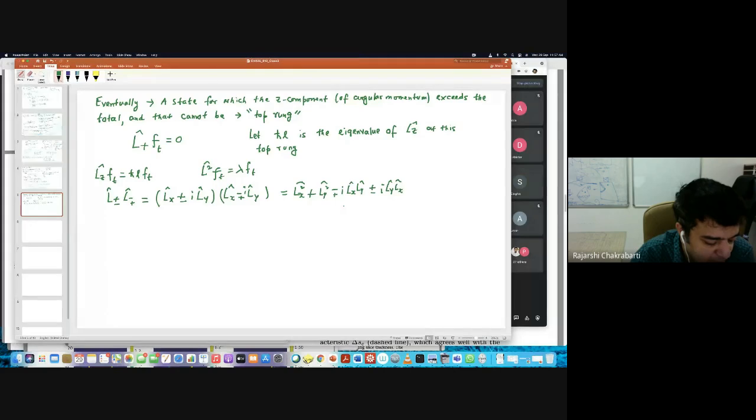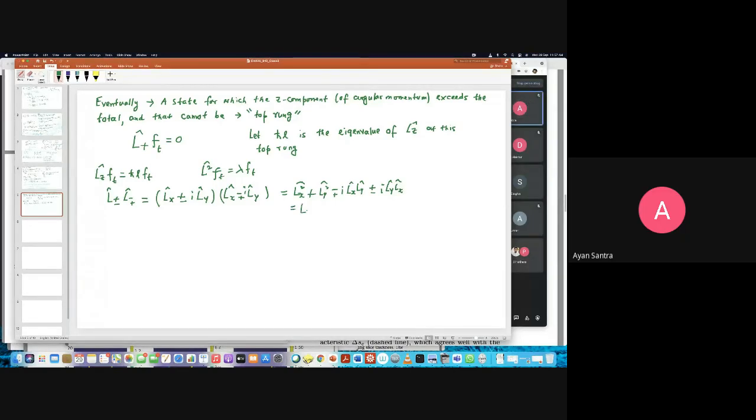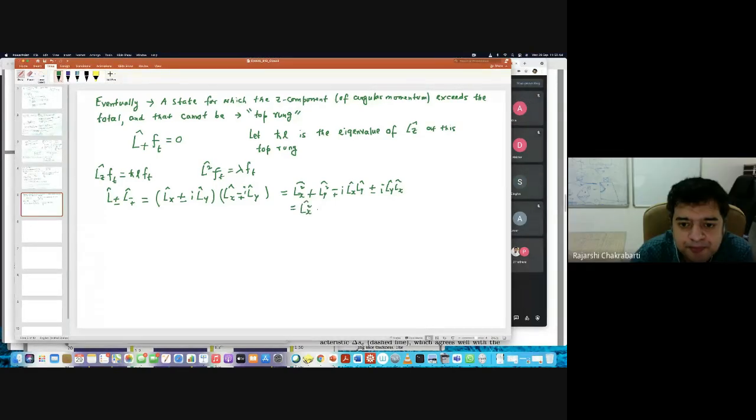Okay. And now what I am going to do, I am going to take this common, minus plus i. If I take minus plus i common, what I am going to get inside? I have taken minus plus i common.